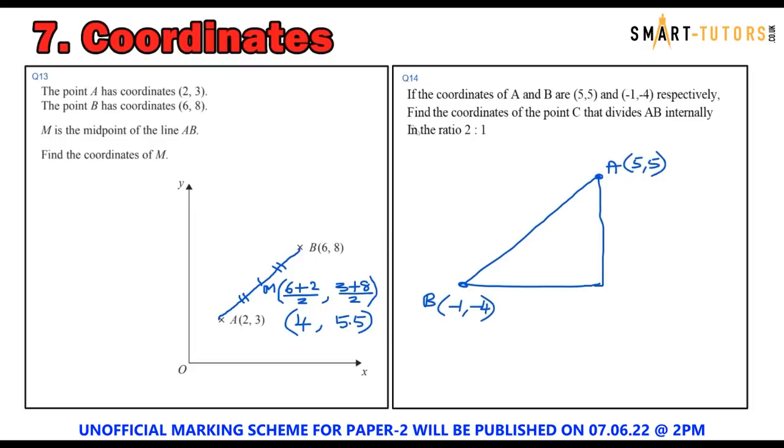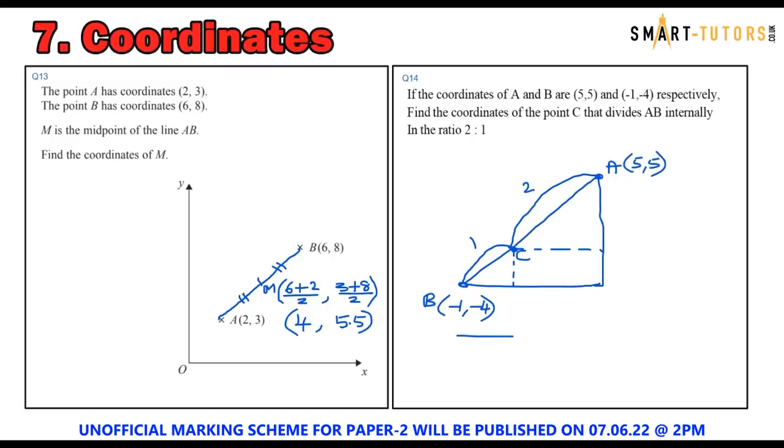Now they are asking to find the coordinates of the point C that divides AB internally in the ratio 2:1. So C is somewhere here, with A to C, C to B. This is 2 portions to 1 portion, right? I'm just going to draw a dotted line here and a dotted line here.